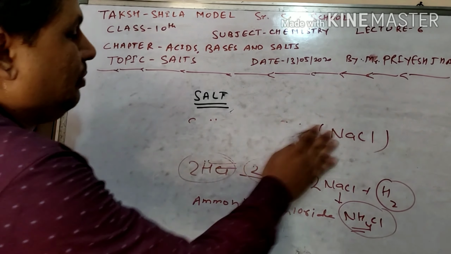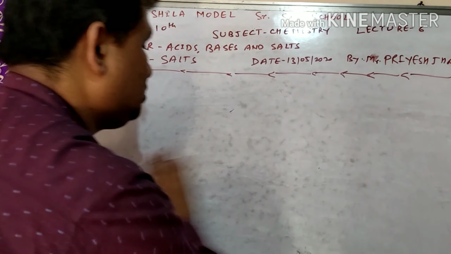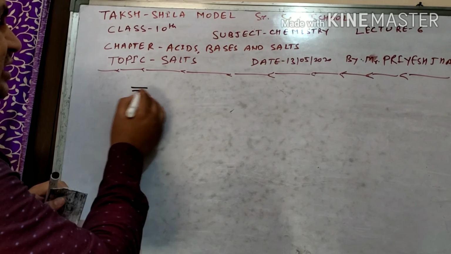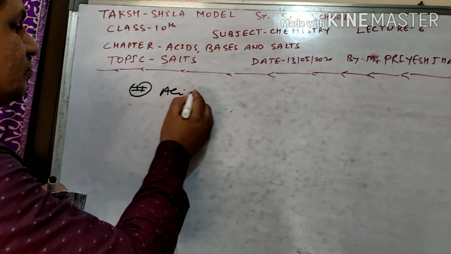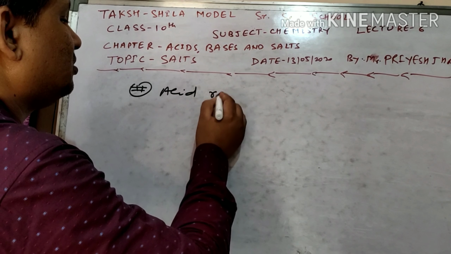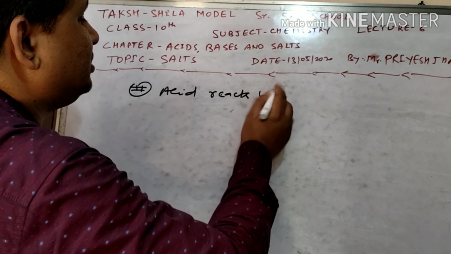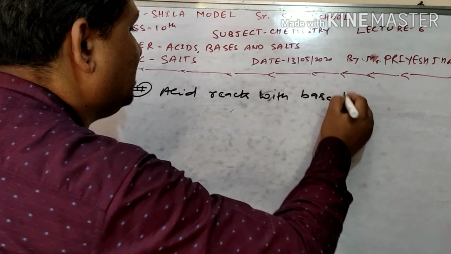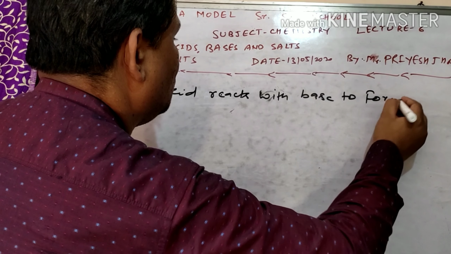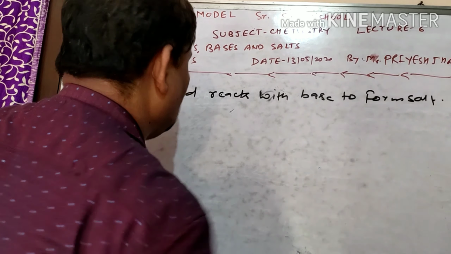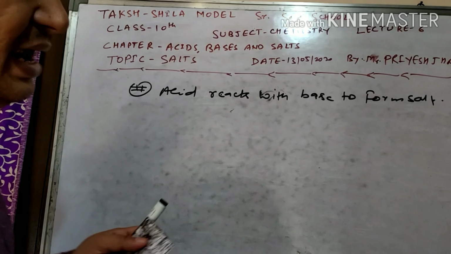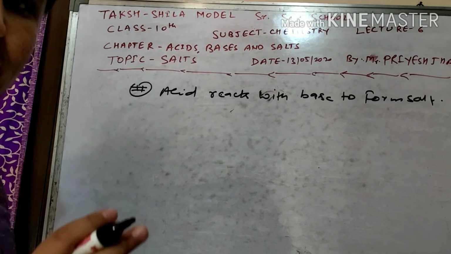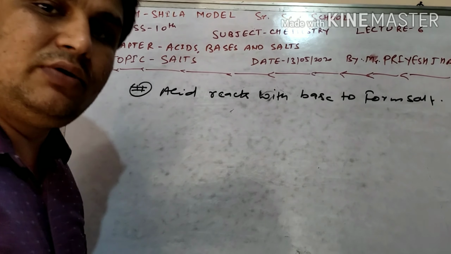Another method to obtain salt is when acid reacts with base to form salt. When acid and base react with each other, they form a compound known as salt, with the release of water.